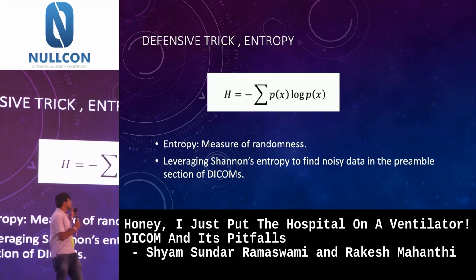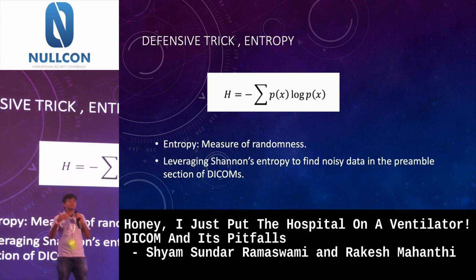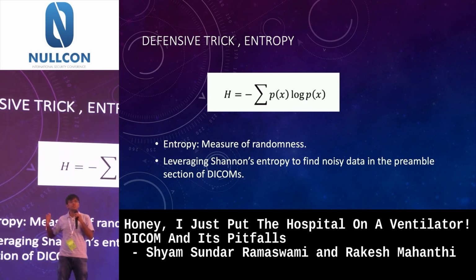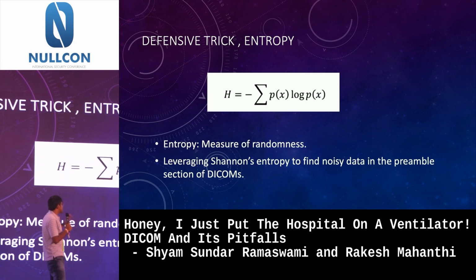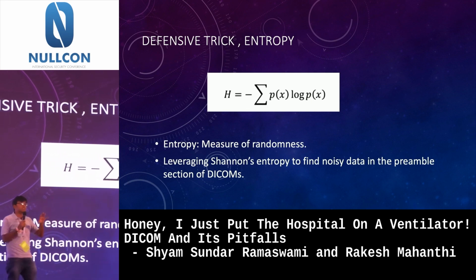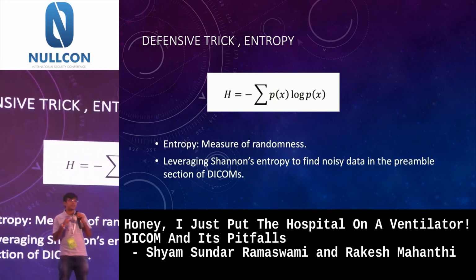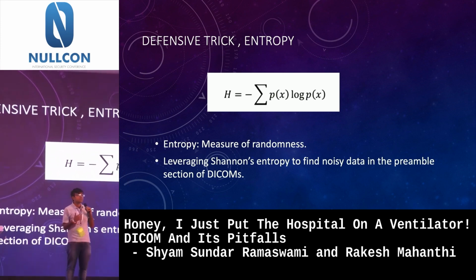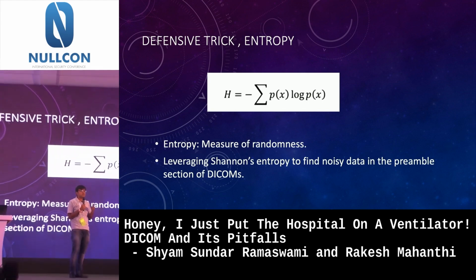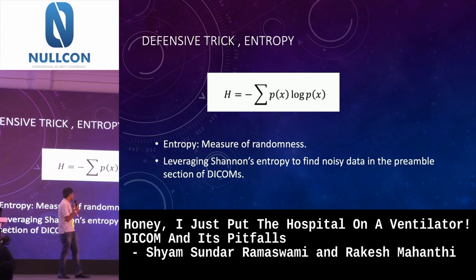So entropy is just a measure of how accurately you can predict what is going to come, given that you already have some data. So it just measures the amount of randomness in given data. As you know, threat actors usually inject a lot of stuff which is completely obfuscated. It's quite hard to interpret, right? So it's completely random. Such randomness can be figured out using the metric called entropy.